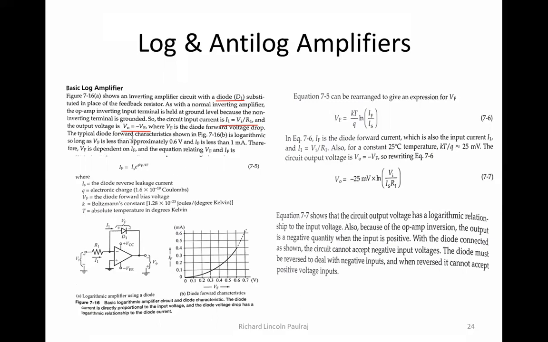The typical diode forward characteristics you can see here should be maintained below 0.6. That is one challenge here: not only using a diode, but making sure this diode stays in its proper range.